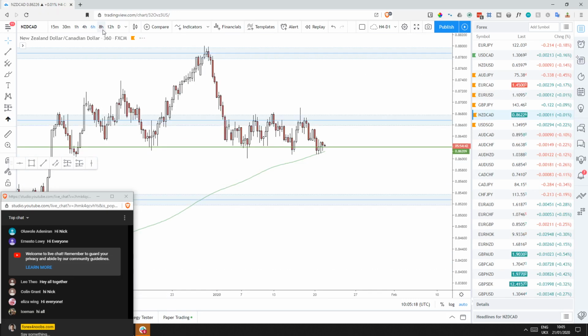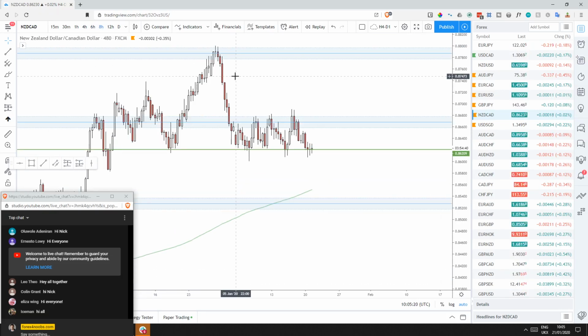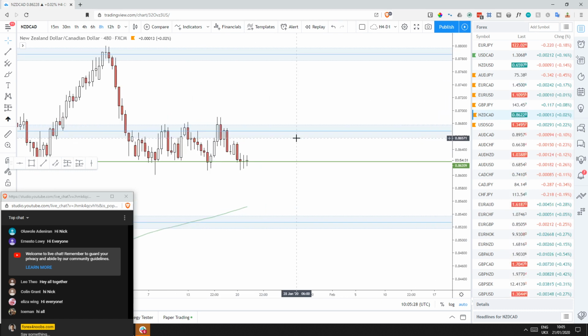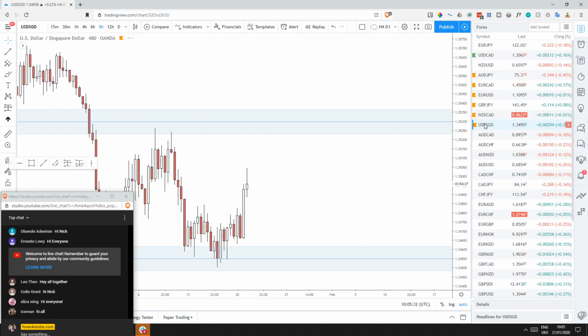New Zealand CAD's at the bottom of this range. The risk to reward ratio just isn't there on this one though.